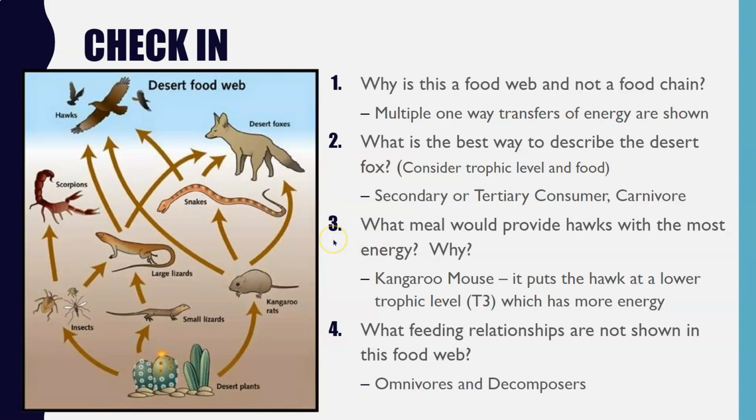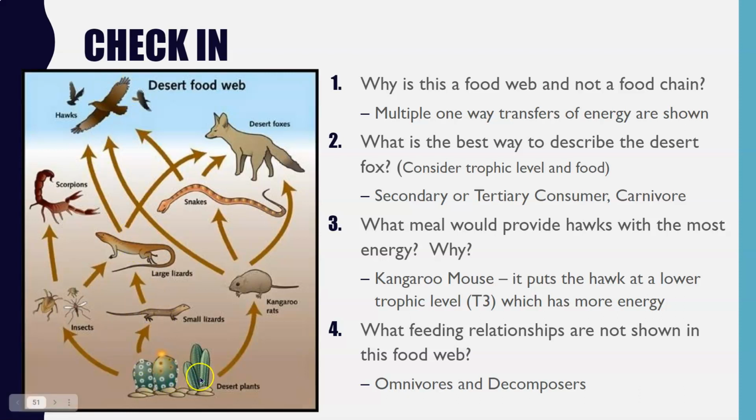Number 3, what meal would provide hawks with the most energy? Okay, the most energy. So this is your least number of things to get to the hawks. If you start here and you go to the insects, that would be 1, 2, 3 transfers of energy. If you go to the small lizards to the hawks, it would be 1, 2, 3.